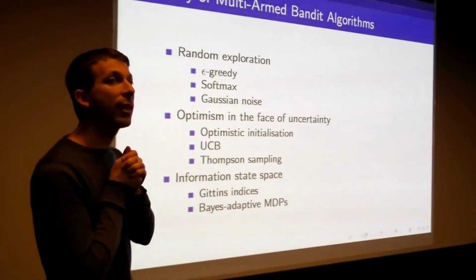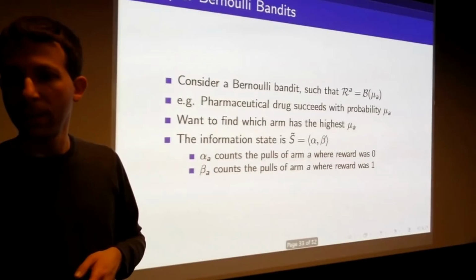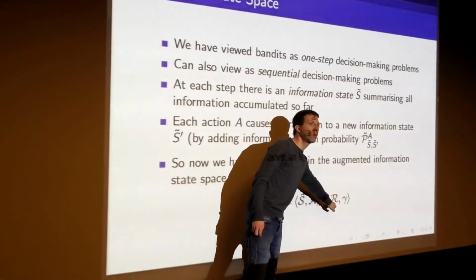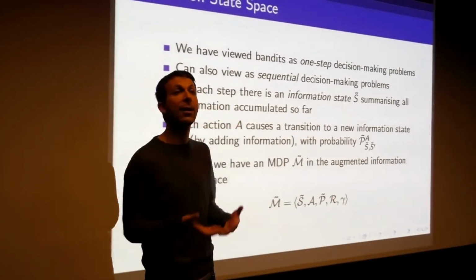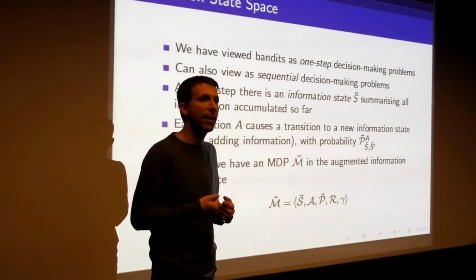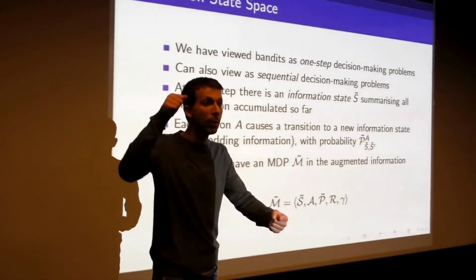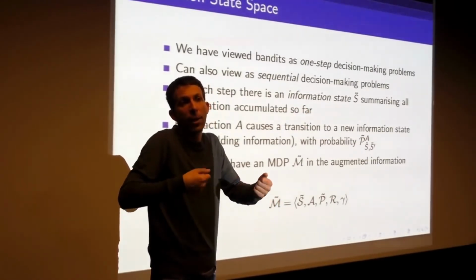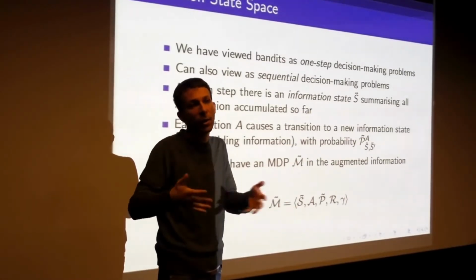The reward function is unchanged. We're not changing the reward function in the information state space. The reward in our MDP is the same as the reward function in our bandit. All we're doing is adapting our value function to take account of the fact that we're not just stopping after one step. We're imagining what happens not just after this one pull, but after many pulls. What's the value of those rewards over time, taking account of how much information I acquire along the way?